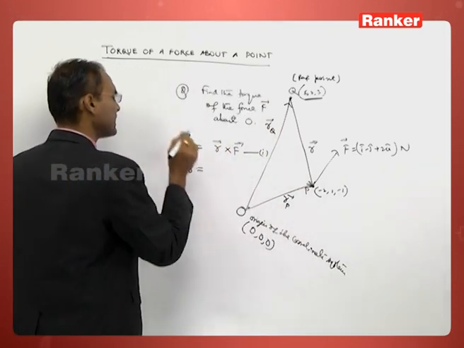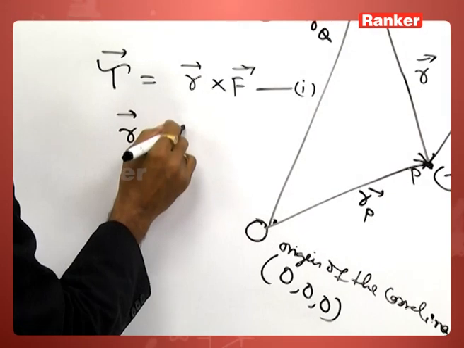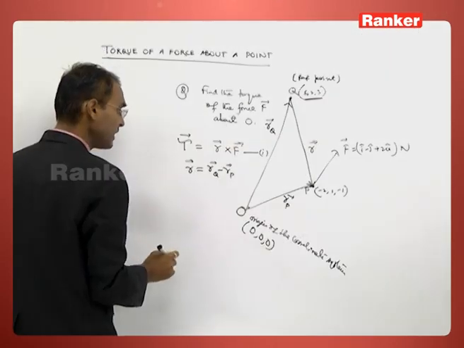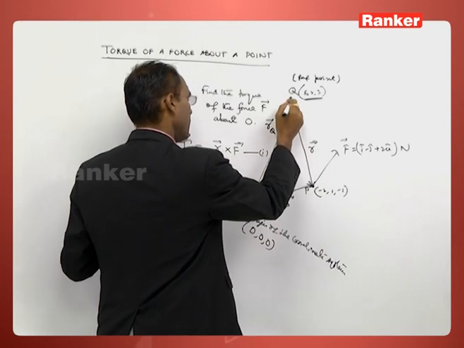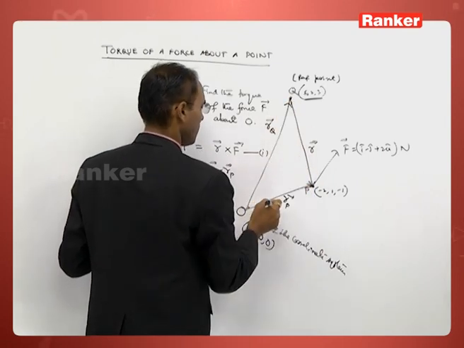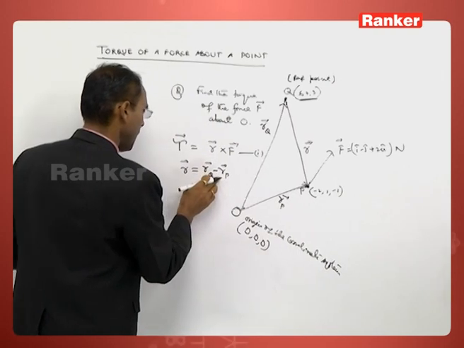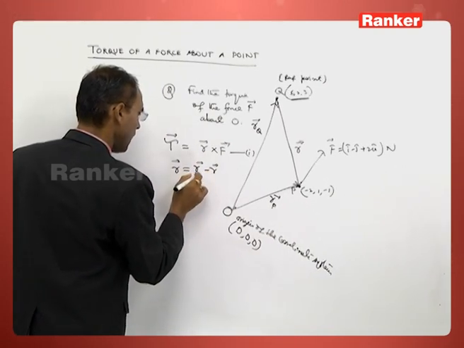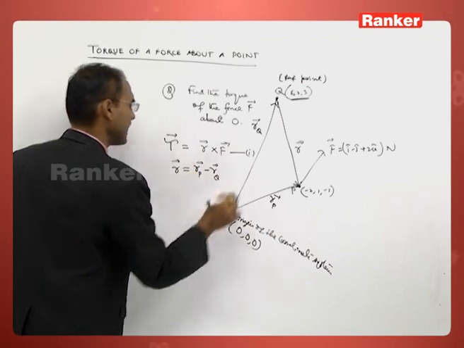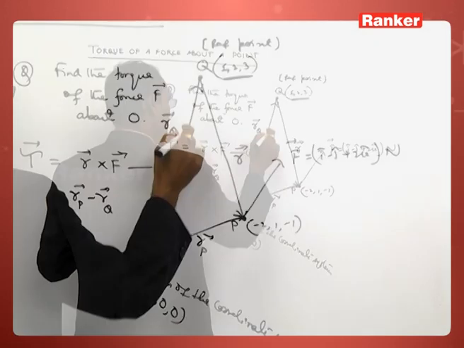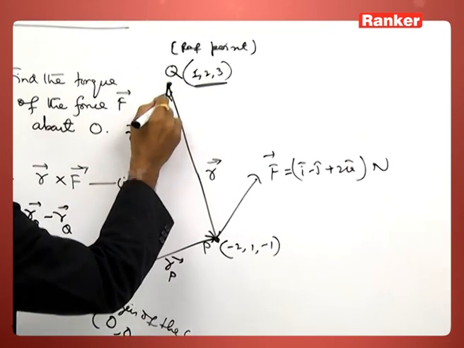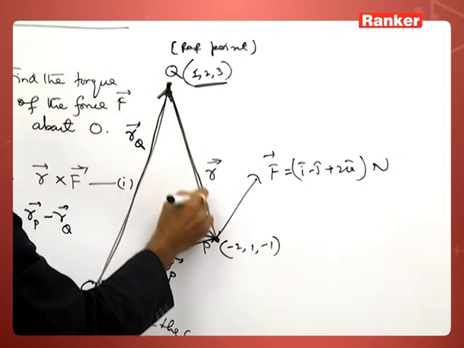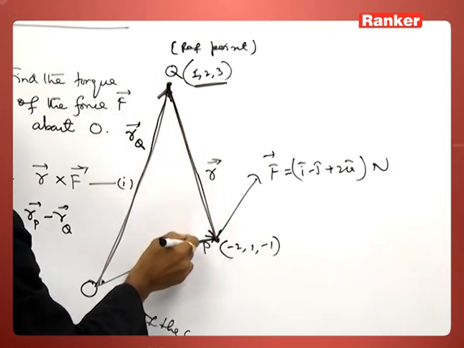Now, R is equal to RP minus RQ in this case, because by the triangle law of vectors, when we add this vector with this vector, you get this vector.